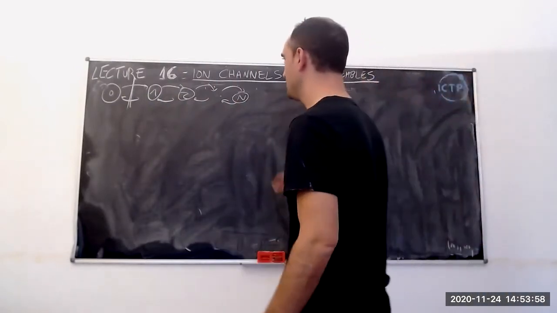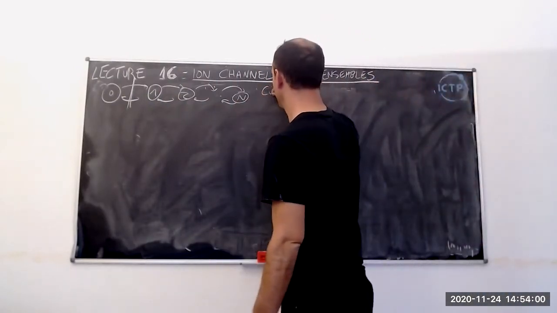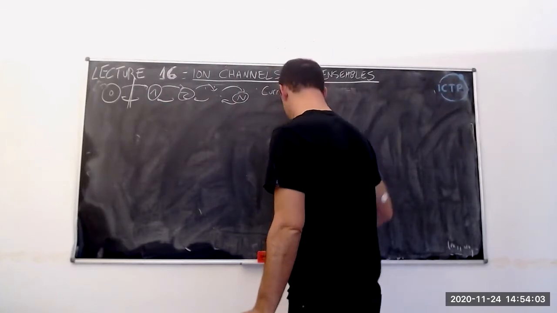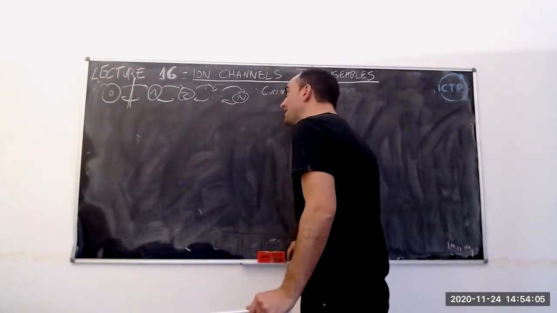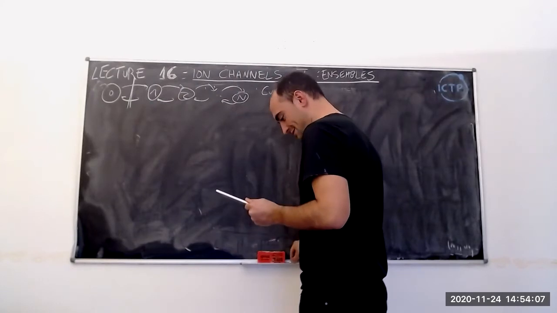The probability current. So who can tell me how I can write the current in the stationary state?